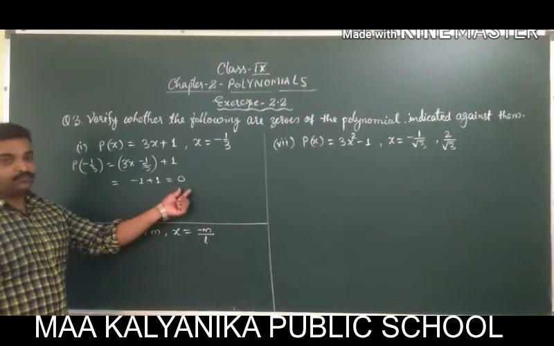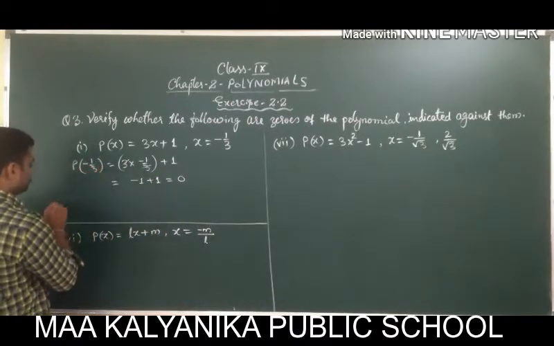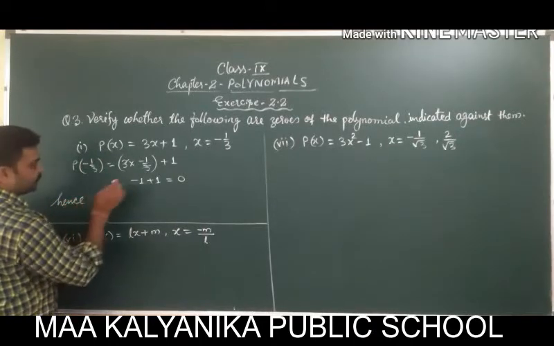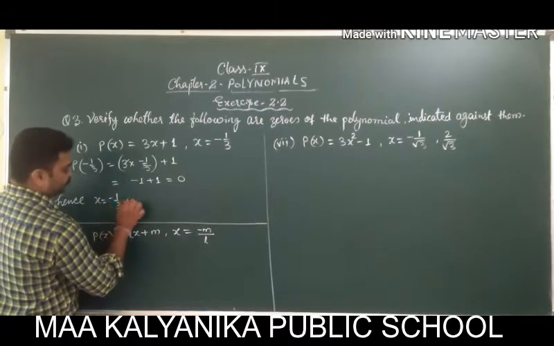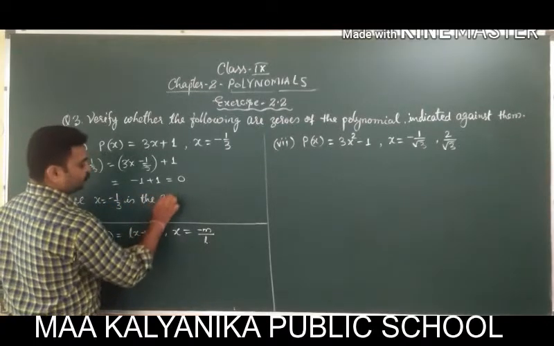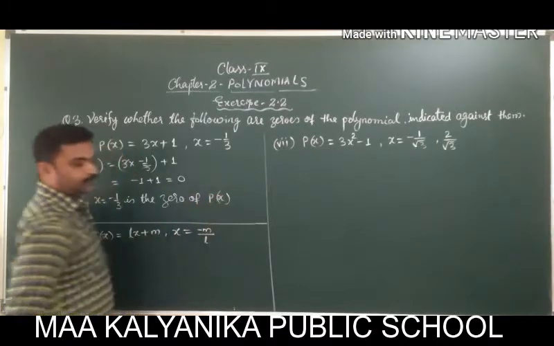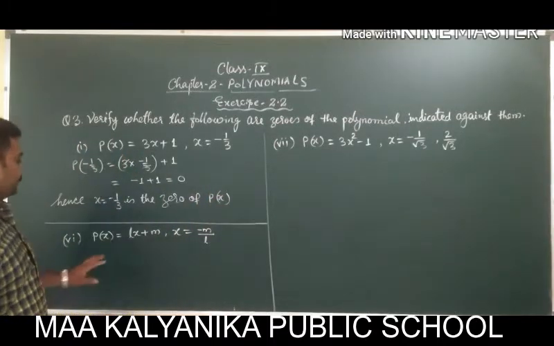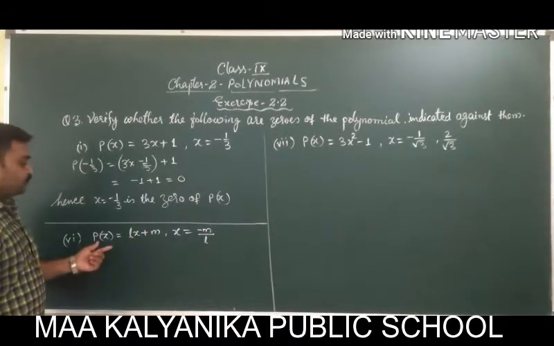Since we get 0, the value of p(minus 1 upon 3), hence we can say that x is equal to minus 1 upon 3 is the zero of p(x). Clear, students?